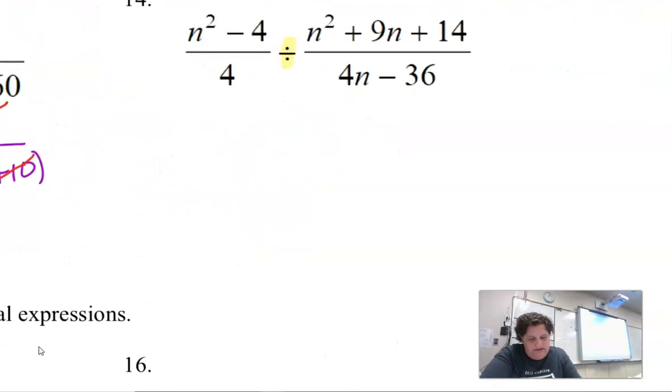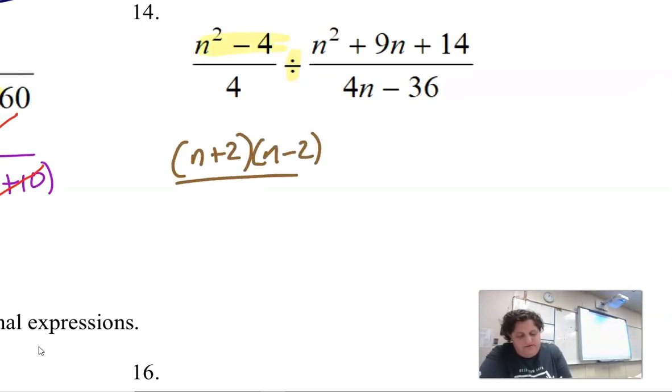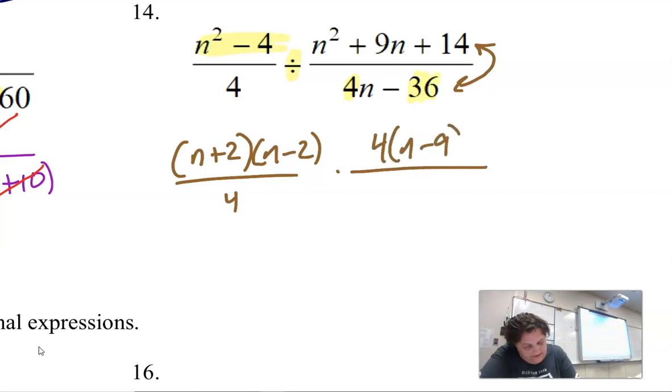Okay, and then our last one here is a dividing one. Difference of squares, all right? Hopefully you guys saw that difference of squares. One is n plus 2 and n minus 2 over 4. Okay, I'm going to flip this. The one that goes on the top with a 4 and a 36, I can take a 4 out of that because I get n minus 9. The one that goes on the bottom, let me see what multiplies to make 14 and adds to make 9, 7 and 2.